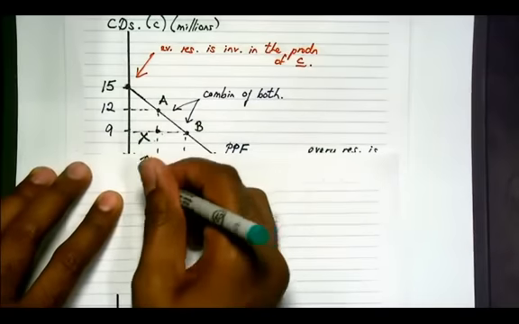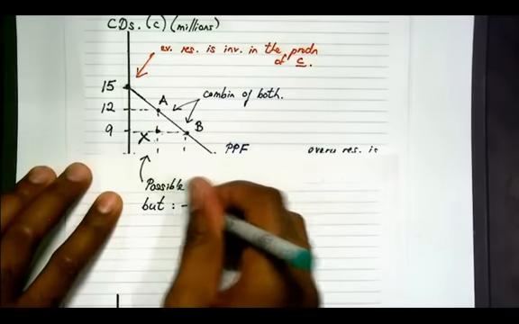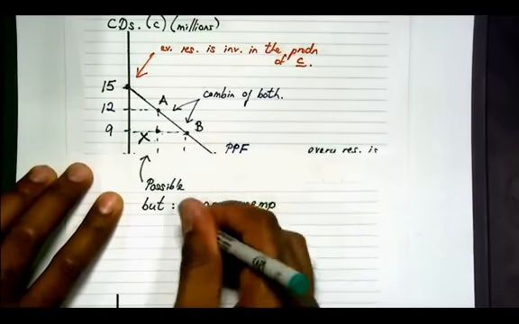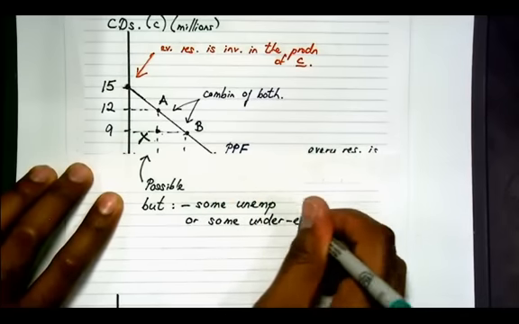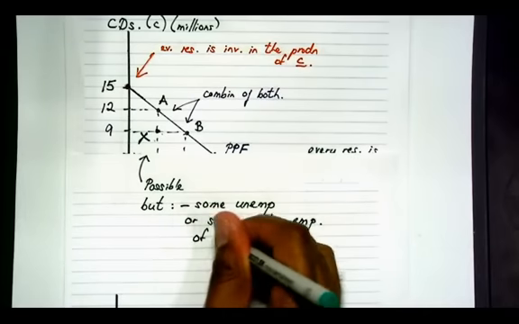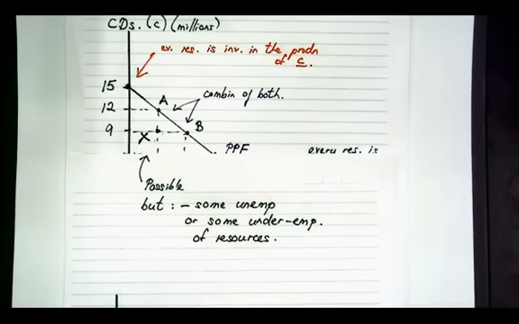With X, it is possible to produce, but we have some unemployment or some underemployment of resources. So we're not utilizing all our resources if we are at X. Some resources are not being used, or some resources are being used but not fully.